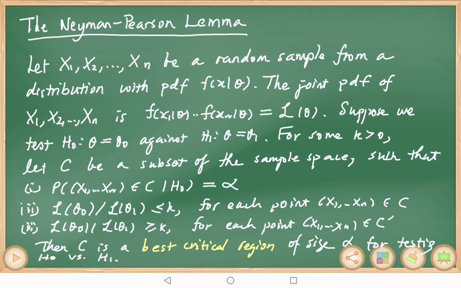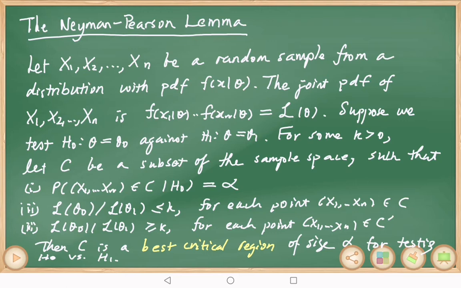Now, in order to continue with the proof, let us be clear about what is meant by a best critical region. We all know something about the critical region, which is basically the subset of the sample space where if we get some value in this subset, then we would reject the null hypothesis.